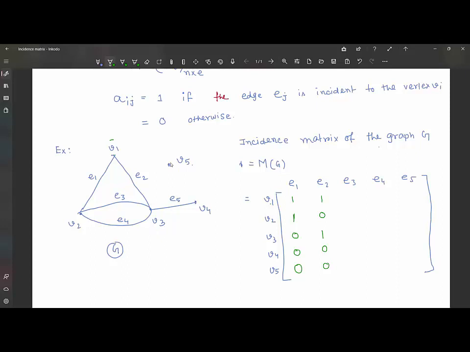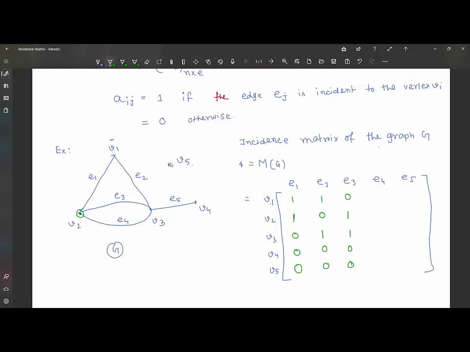So for E3, it is incident to the vertex V2 and V4. So just put 1 in place of V2 and V4, and okay, not V4, E3 is connected to V2 and V3. So for V2 this is 1, V3 this is 1 and the other values are 0.